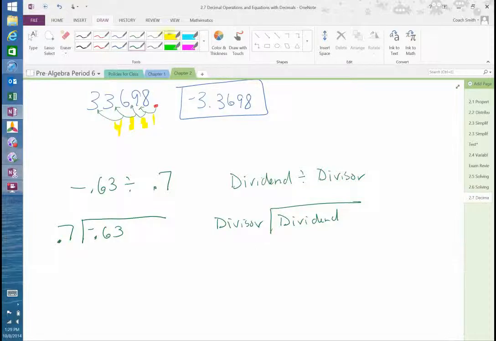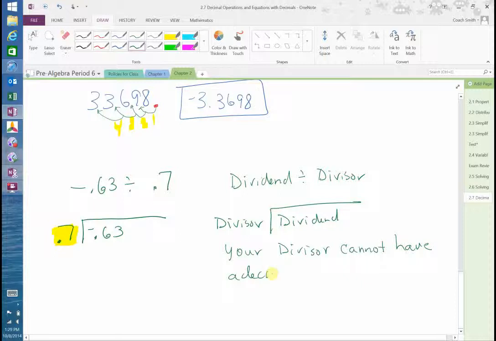Now, here's your problem. Your divisor cannot have a decimal in the number. So this right here I can't have.